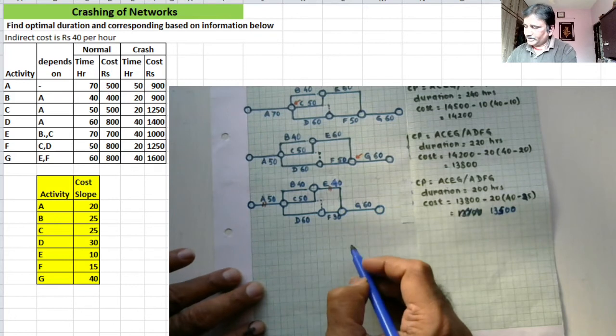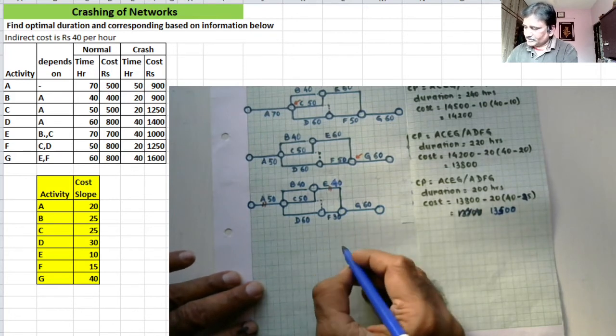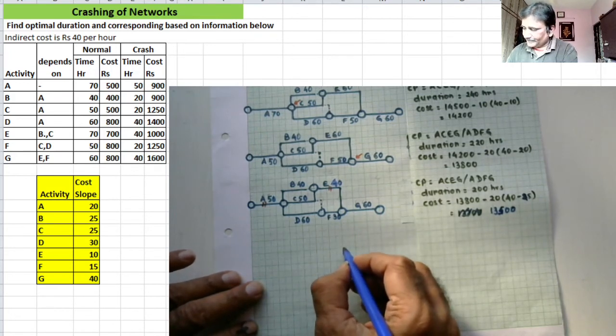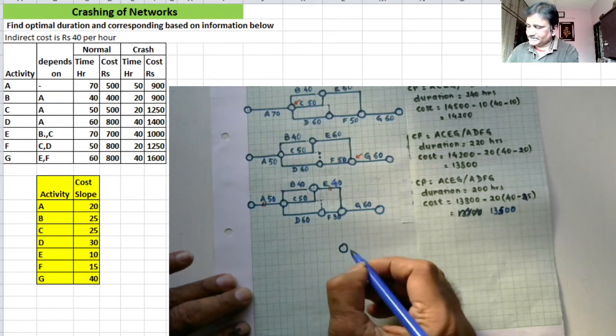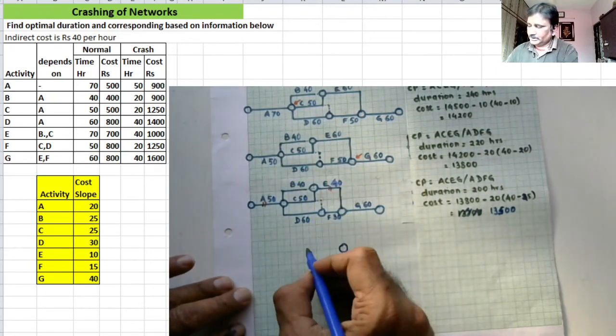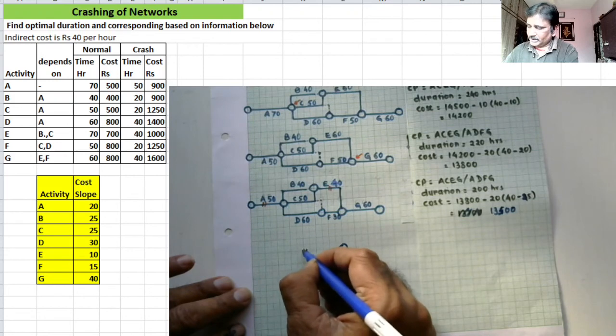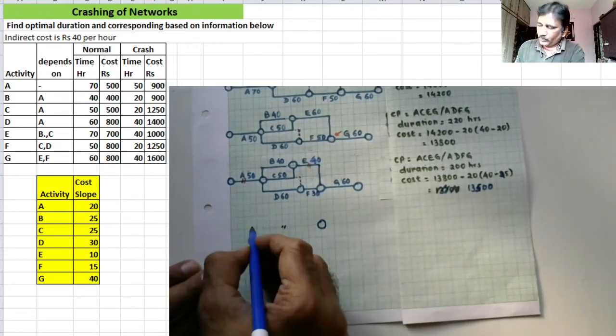So till this point, the network will be same. So I won't be drawing it here. I'll be simply drawing the node, whereafter the things will change. Okay, till this point, the diagram is same. I'll be marking it by ditto.